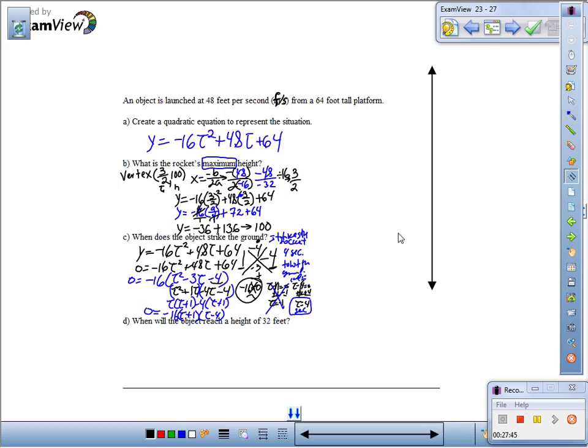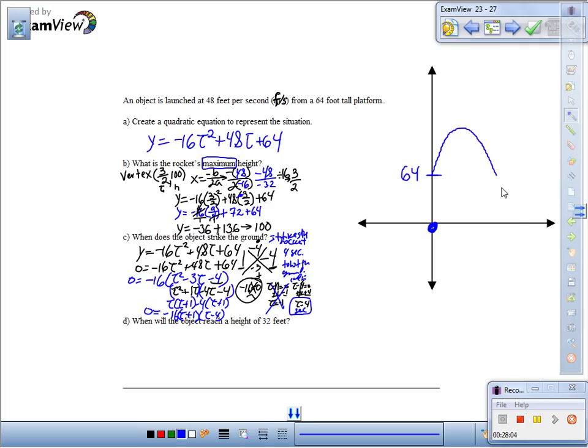All right, so here's 0. 64 feet, let's say it's about right here. So here's a platform. They launch it. All right, so this max height is how many feet, everyone? 100. It reaches the height of 100 feet.